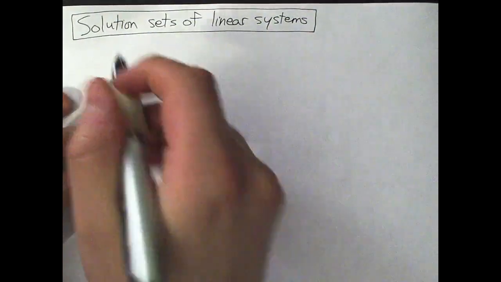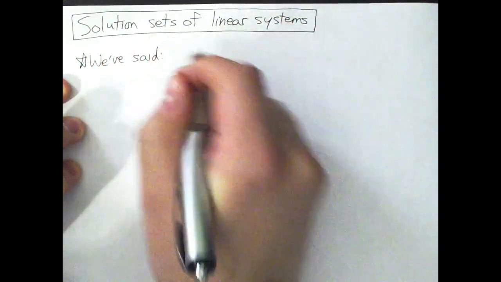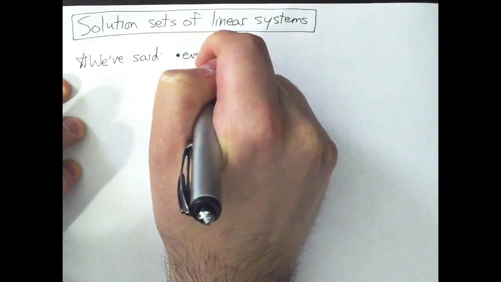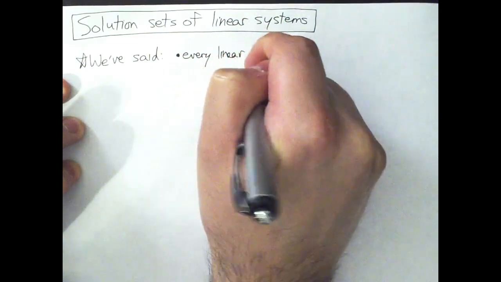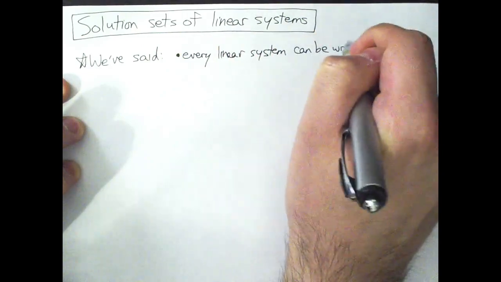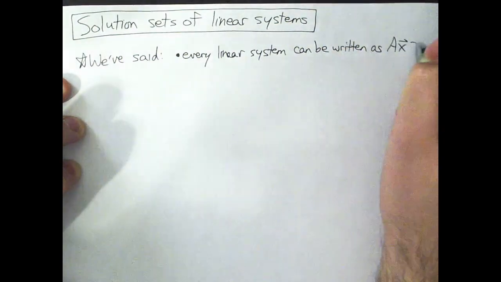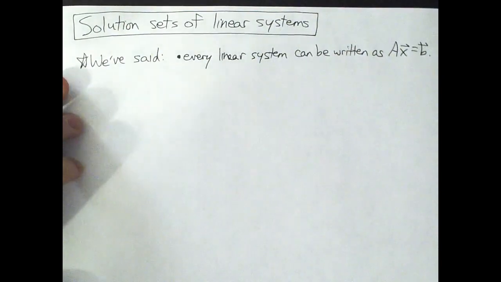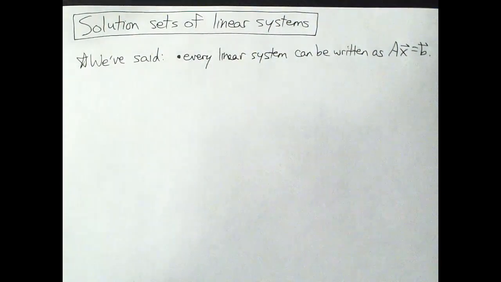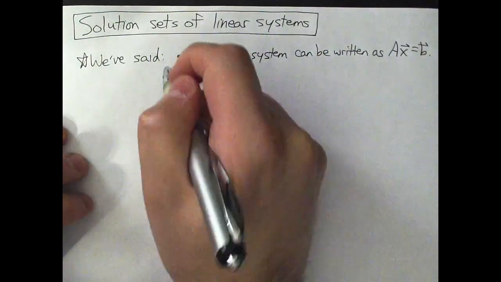Okay, so first of all, a couple of things that we have said. We've said that every linear system can be written as AX equals B for an appropriate matrix A, an appropriate vector X, and an appropriate vector B. Every linear system can be thought of in that way, in terms of matrices and vectors.